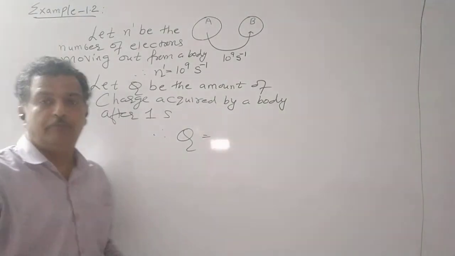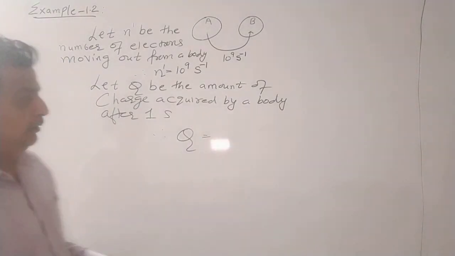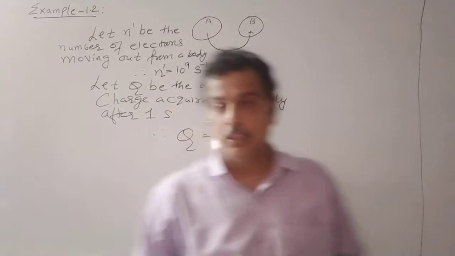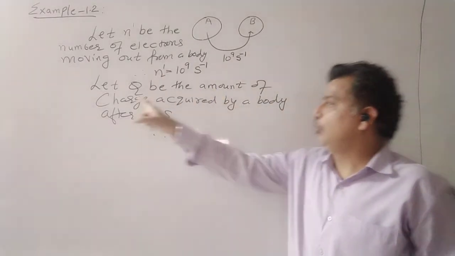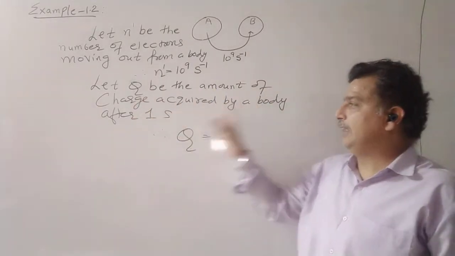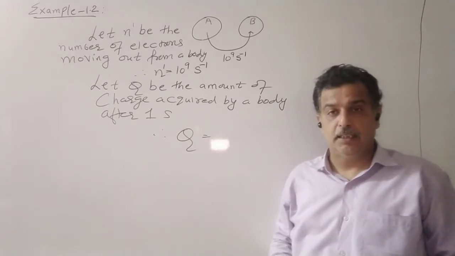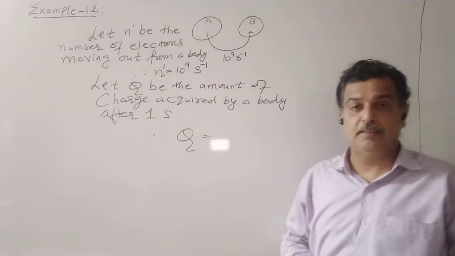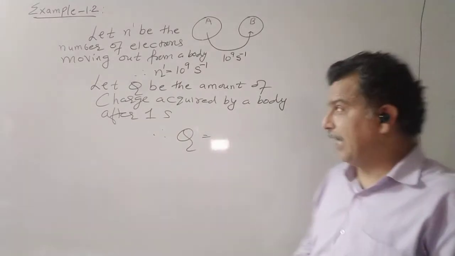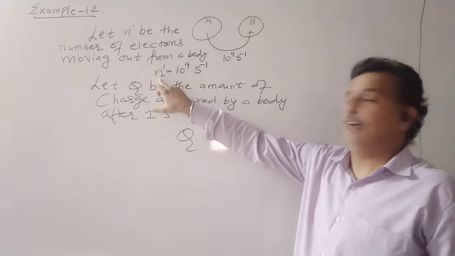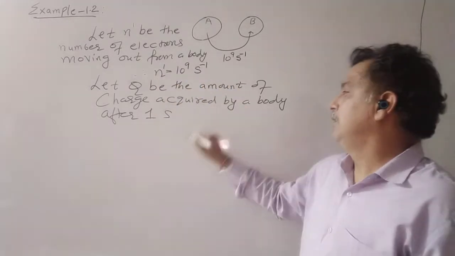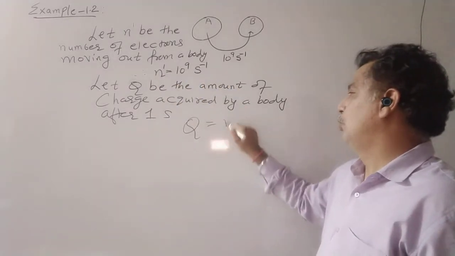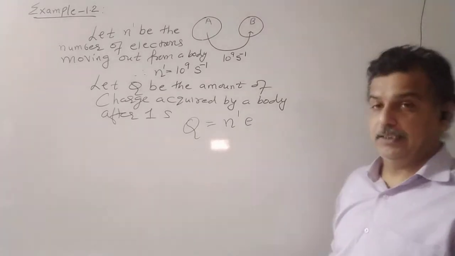now we have a formula for quantization, but that was an amount of charge. Here Q is not an amount of charge, it is an amount of charge acquired by a body after 1 second. So this Q is charge per unit time because the unit of n is per second. So I will write Q is equal to n dash e.